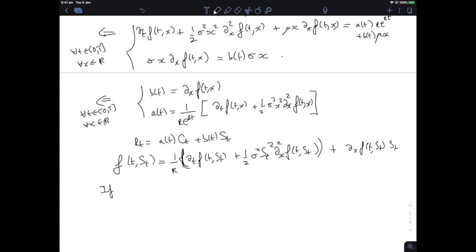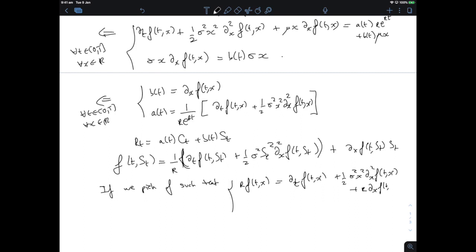So if we pick f such that two things happen. First of all, let's multiply all of that by r. r times f(t,x) is equal to ∂_t f(t,x) plus 1/2 σ² x² ∂_x² f(t,x) plus r times x times ∂_x f(t,x).